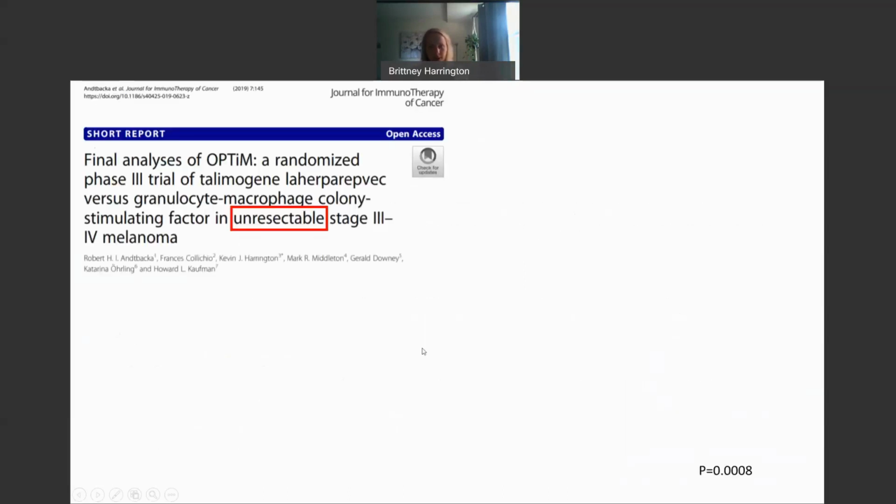So I wanted to present this clinical trial data from the analysis of the use of TVEC in unresectable, very aggressive late stage melanoma.